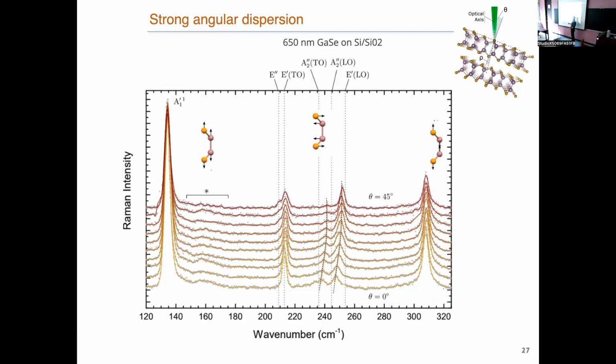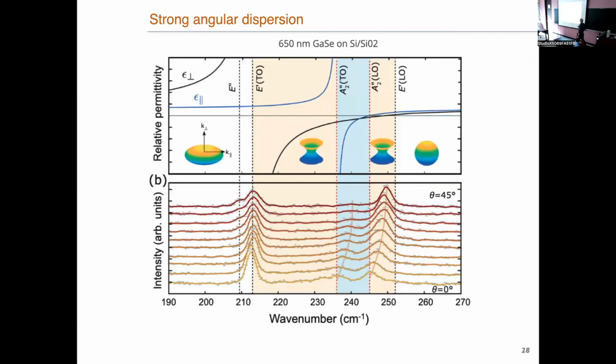And this is a bit unexpected, especially in this frequency range. And now, if we superpose these features with the permittivity of the material, we find that this feature is in the upper Reststrahlen band of gallium selenide, and this one is in the lower Reststrahlen band. So that suggests that this could be a surface polariton, and this could be a guided polariton.